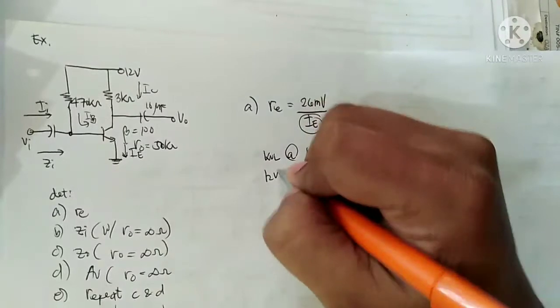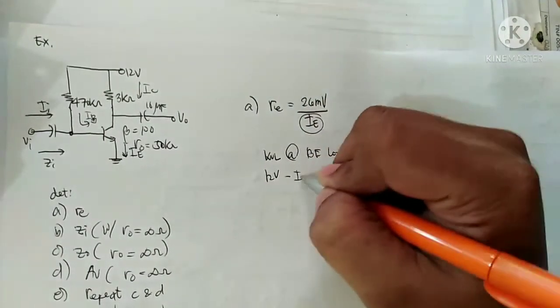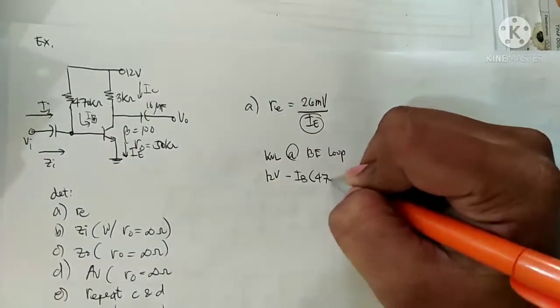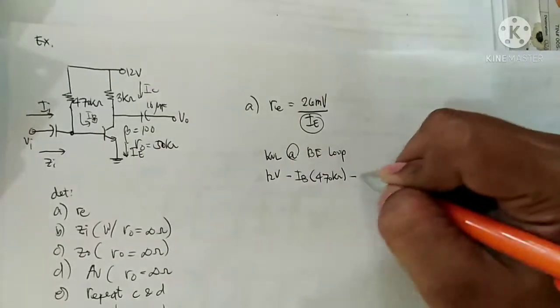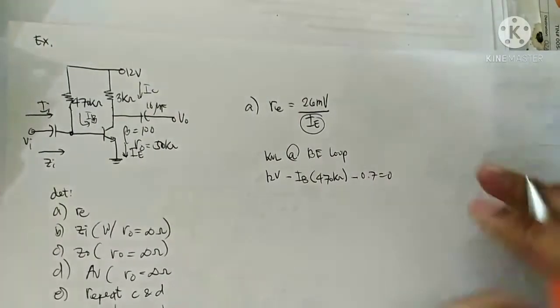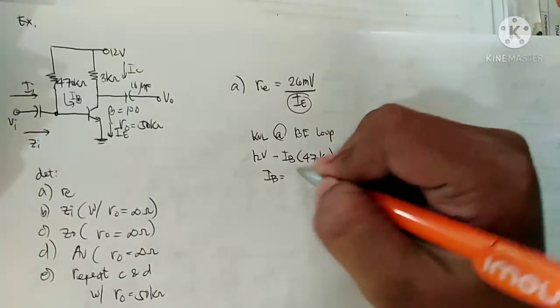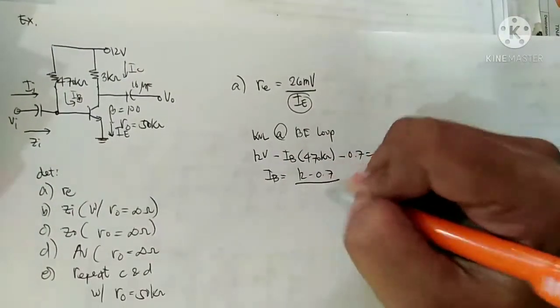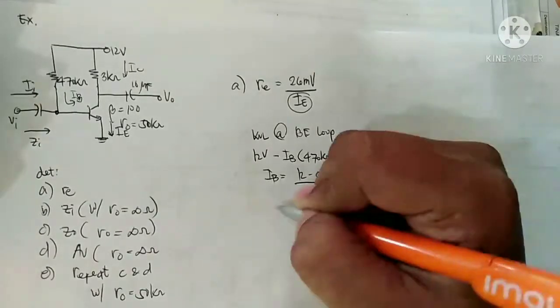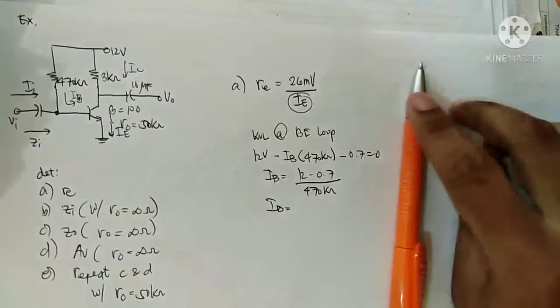So 12 volts minus IB times 470K minus 0.7 equals 0. Therefore IB is equal to 12 minus 0.7 divided by 470K.